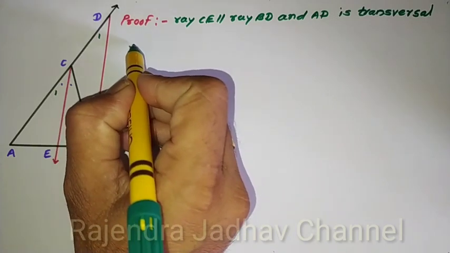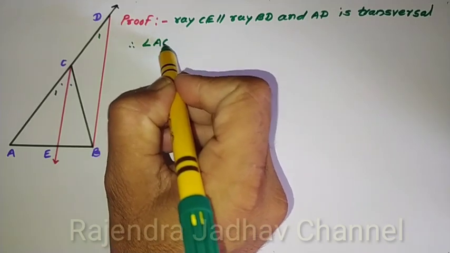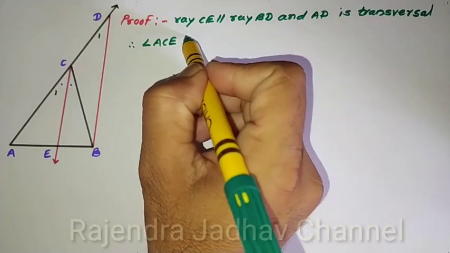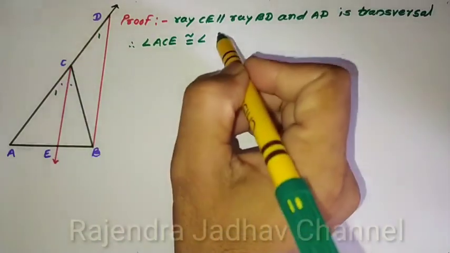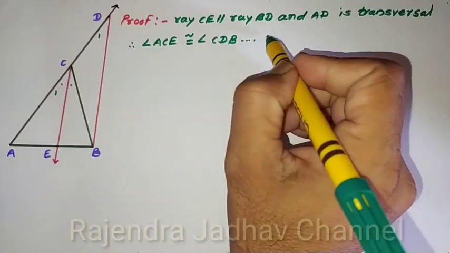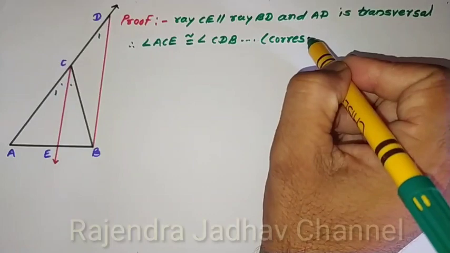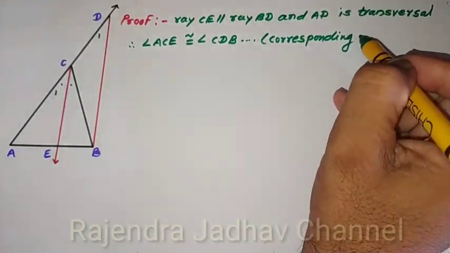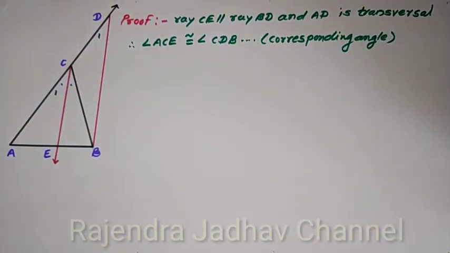Therefore, angle ACE is congruent to angle CDB, reason: corresponding angles. This is statement first.